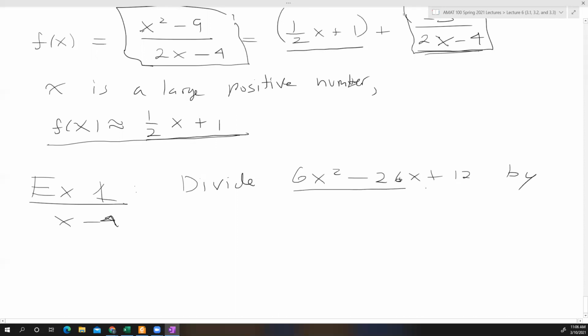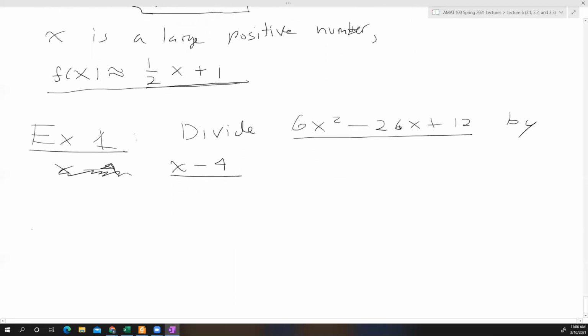So this first polynomial is the dividend, and x minus 4 is the divisor. Let's set this up. The divisor goes here, and under this is where the dividend goes.